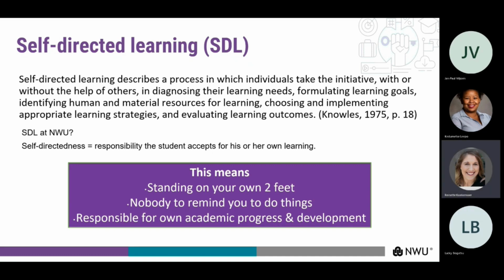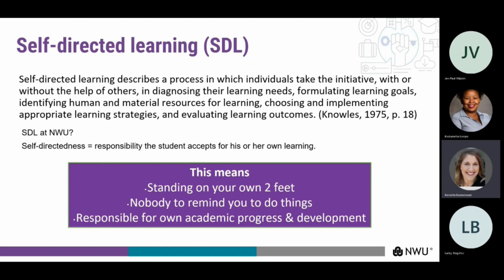At Northwest University, we strive to develop our students towards self-directedness, which results in the student taking responsibility for his or her own learning. This means that at university, you need to learn how to stand on your own two feet.